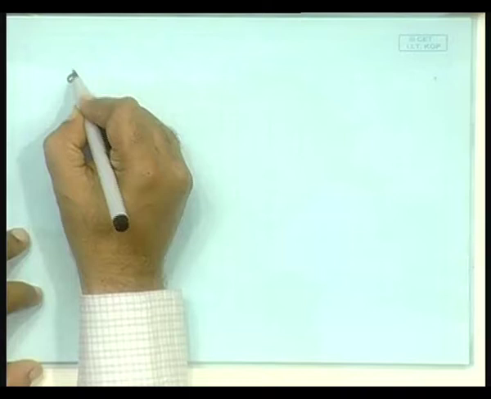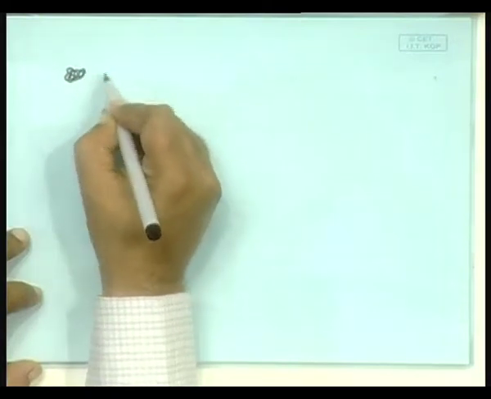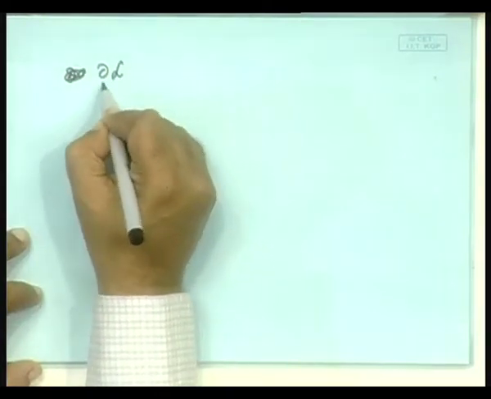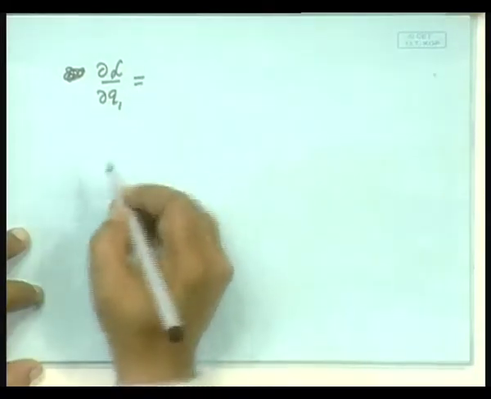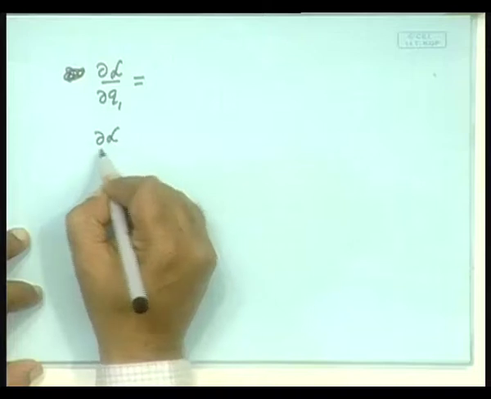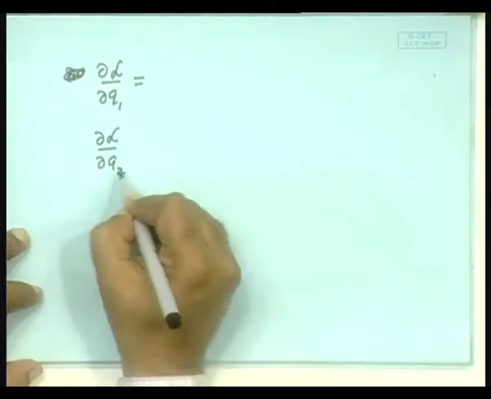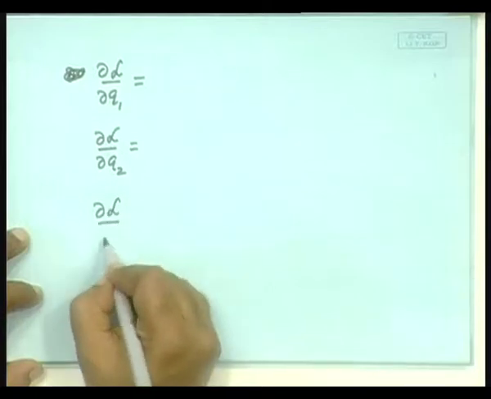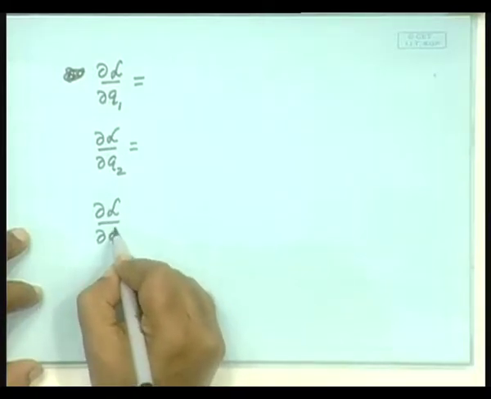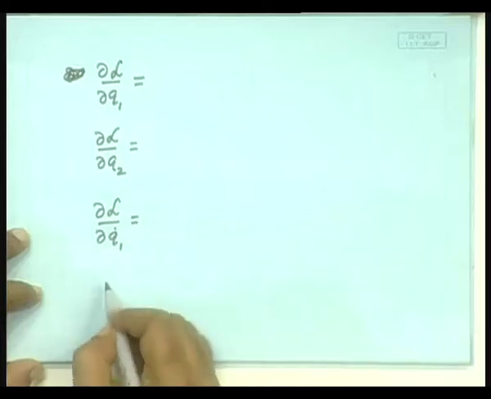Now take the derivatives. The Lagrangian with respect to q1, the Lagrangian with respect to q2, and the Lagrangian with respect to q1 dot.